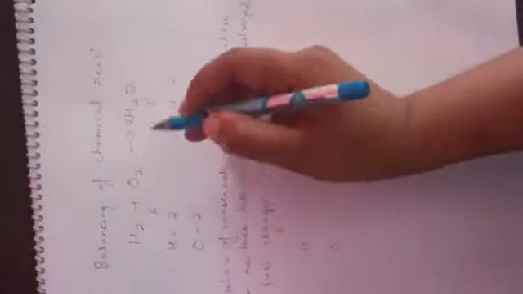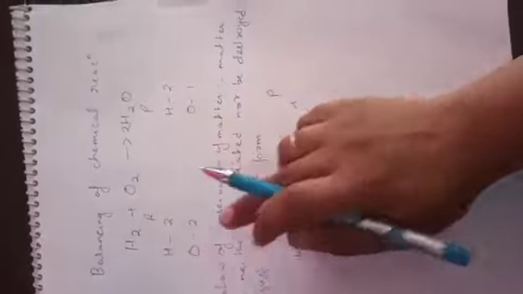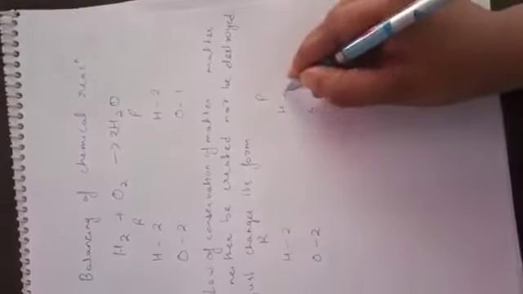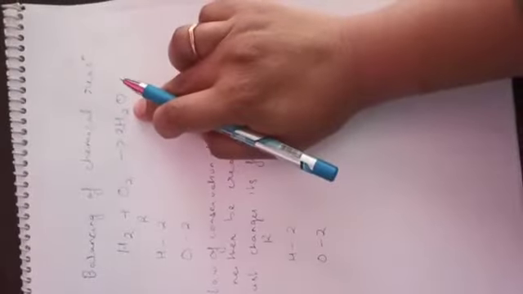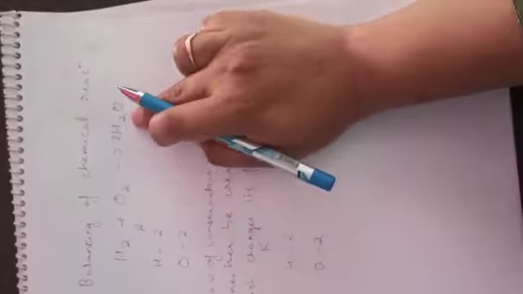Now again you will make a table: hydrogen, oxygen on the reactant side and hydrogen, oxygen on the product side. After writing this, you will see that the number of hydrogen atoms present on the reactant side is 2 and the number of oxygen atoms is 2. In case of the product, the number of hydrogen atoms is 2 twos are 4.